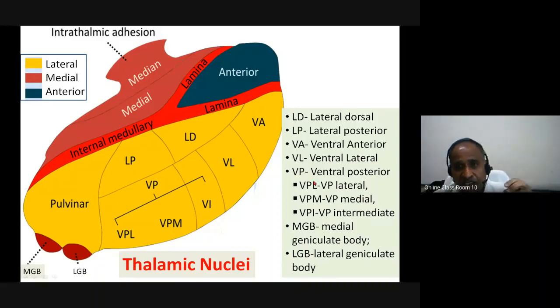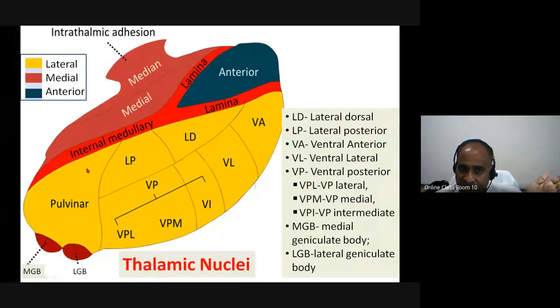This lateral nucleus is divided into the ventral anterior, ventral lateral, and ventral posterior nucleus. So that means this lateral part is divided: this is the anterior, this is the posterior side, and here is the pulvinar area, a very broad area.